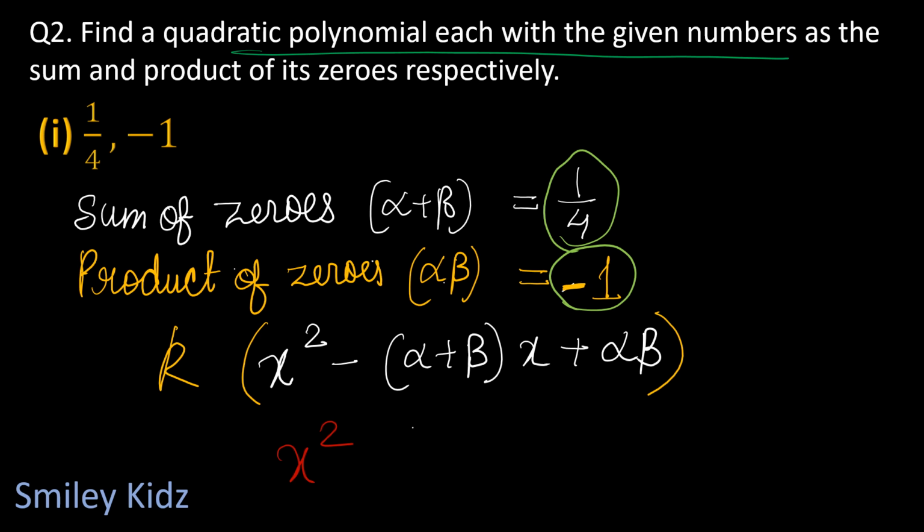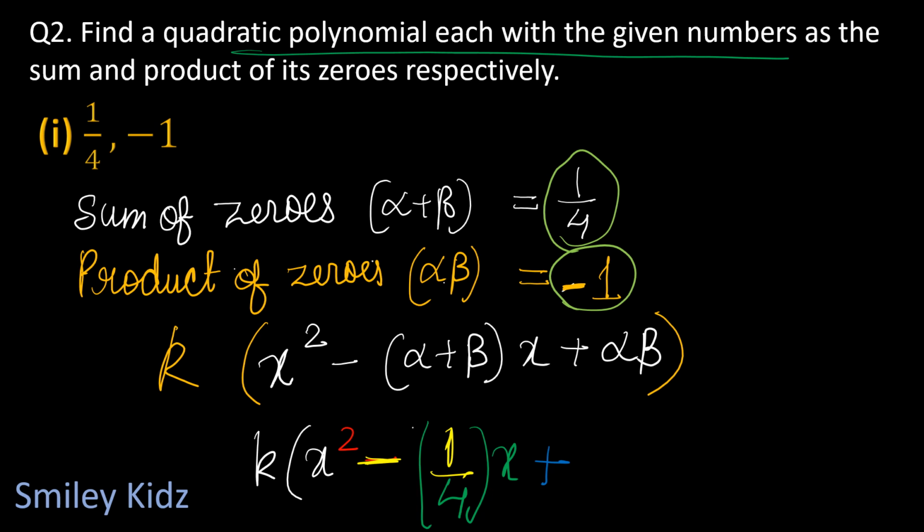Now, we have k into x square minus, here we know that alpha plus beta is 1 by 4. So it's going to be 1 by 4 times x plus, what is alpha beta? Alpha beta is -1, isn't it?